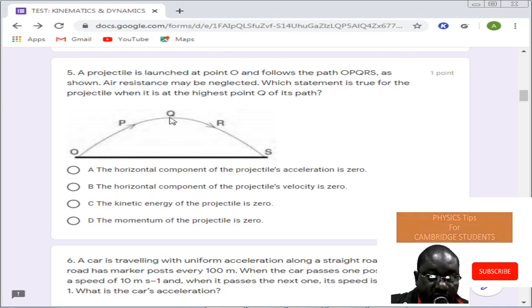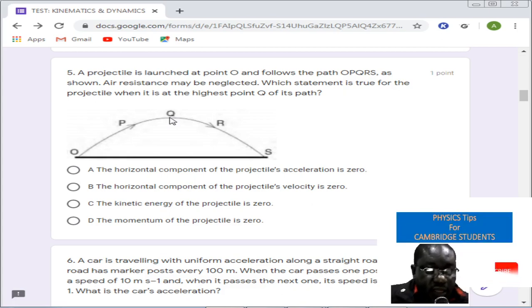That is correct, because for an object to follow this projectile motion, the horizontal component of the velocity is constant, so there's no acceleration in the horizontal. The only acceleration that is present is in the vertical, that is due to gravity.